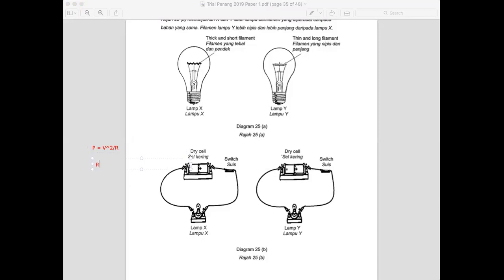Sebab ni over R kan, so power decreases. As R increases, resistance increases, power decreases. So that's why brighter should be the one with the lower resistance, bukan higher resistance.